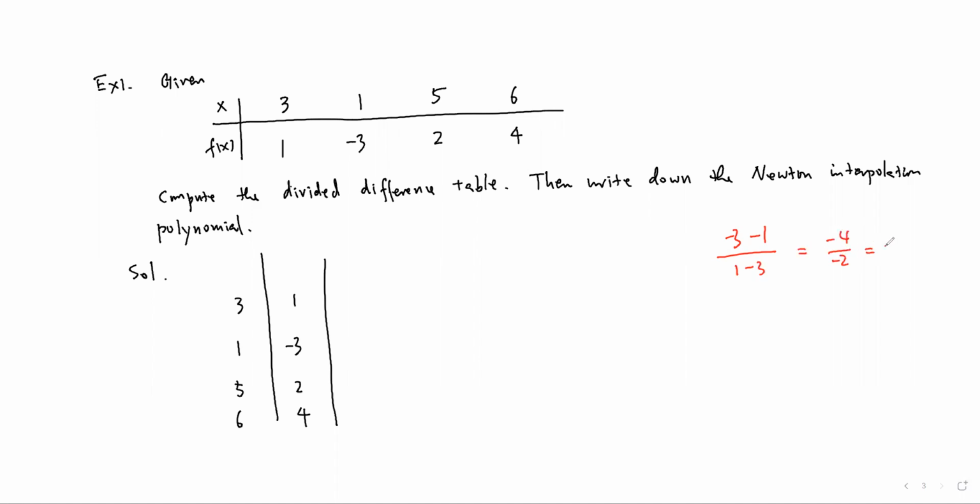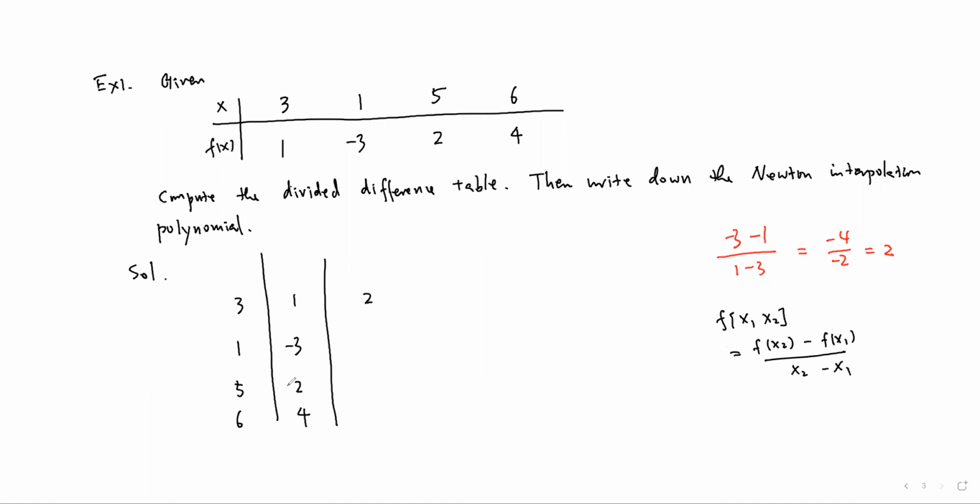So this is 2. Correct. Here this entry is f[x1, x2]. So it is the formula function value at x2 minus function value at x1, then x2 minus x1.